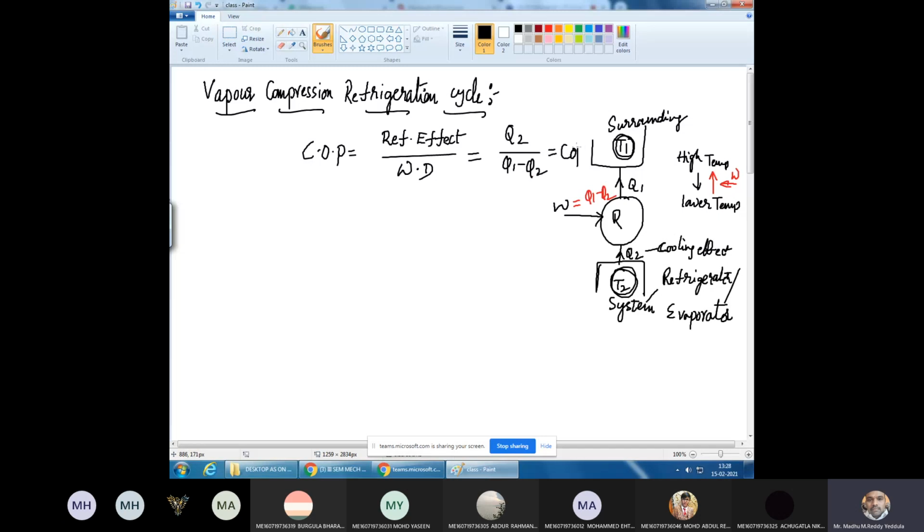So this is called the COP of the refrigerator. And remember, the COP of the system should always be greater than 1.